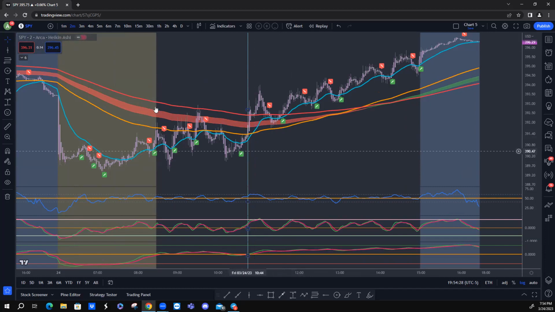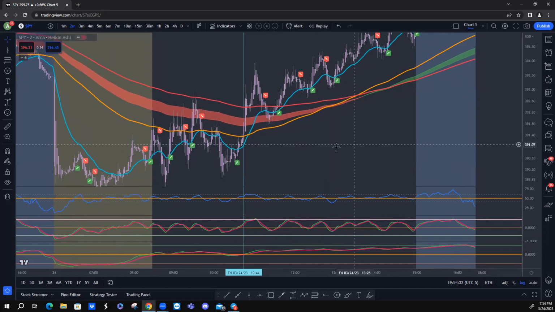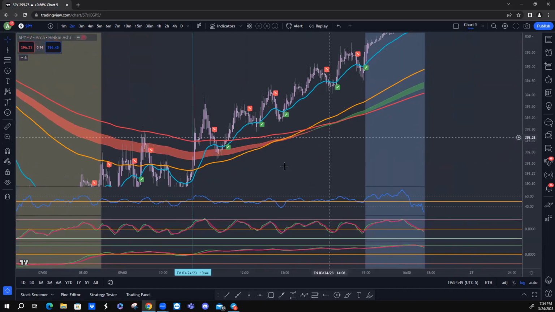So here's a 2-minute time frame, kind of in between. Right here, you would just take long positions. But here is one of those ideas where it was red swooping down in here, but then eventually it turns green a little bit later up here.